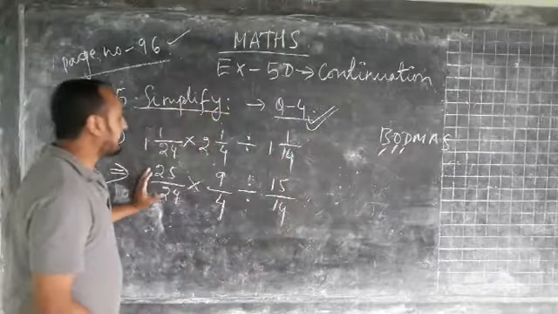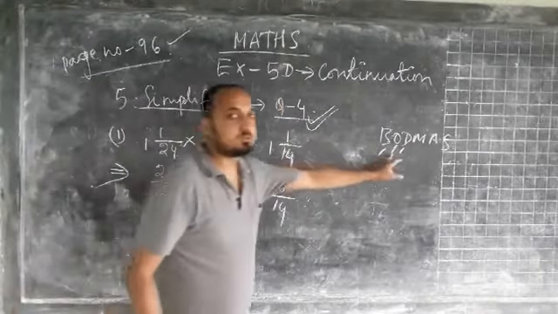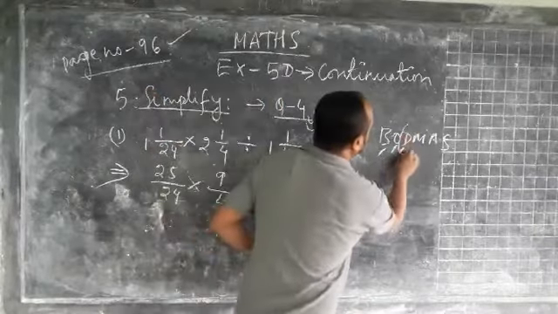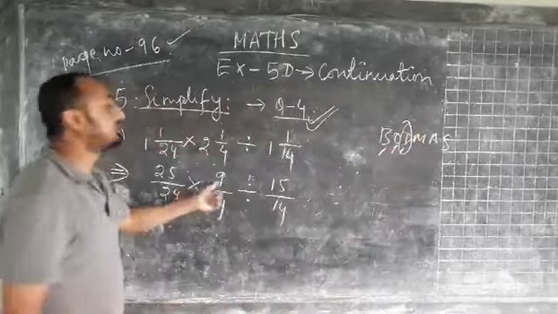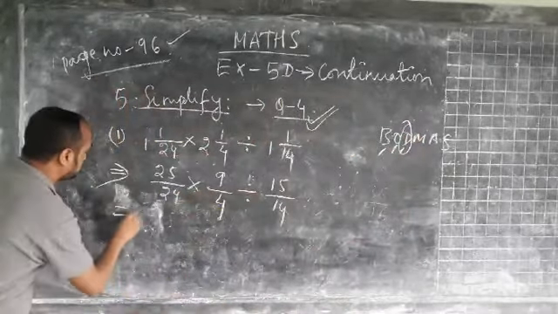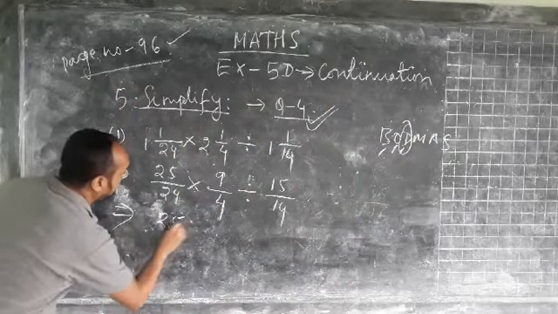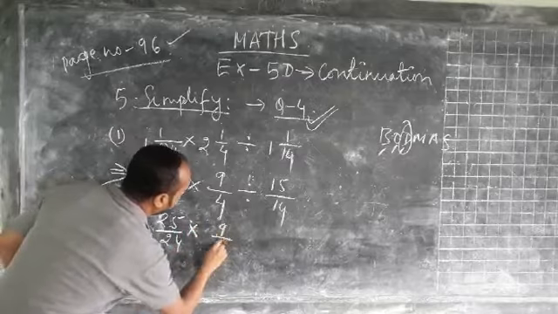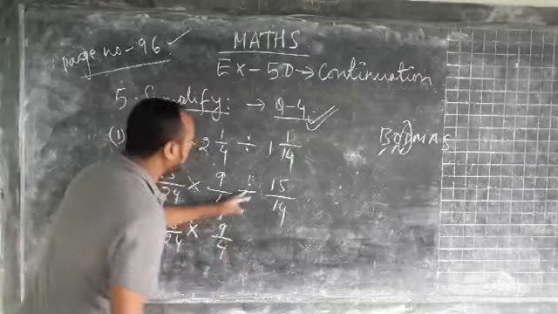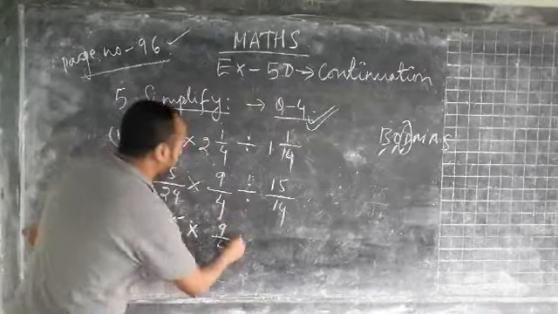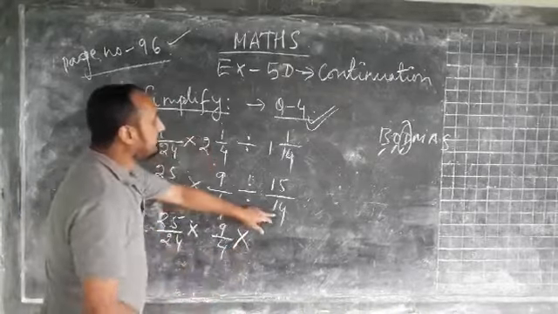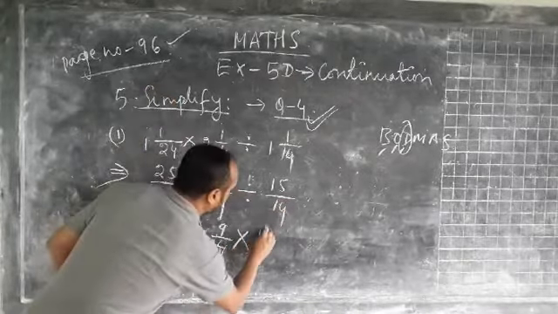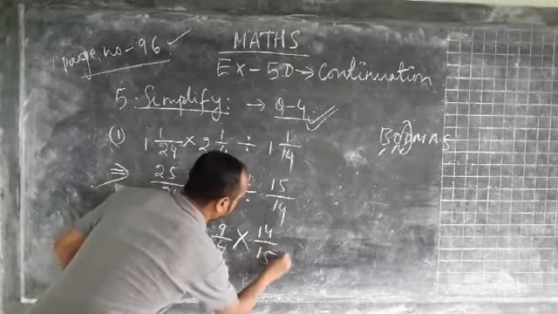Now after this step, if you follow this BODMAS rule, we have to go for a division. Okay, a division then multiplication. So we'll follow the same 25 by 24 into 9 by 4. Here we will change the sign into multiplication, and the number will interchange. So it will become 14 by 15.